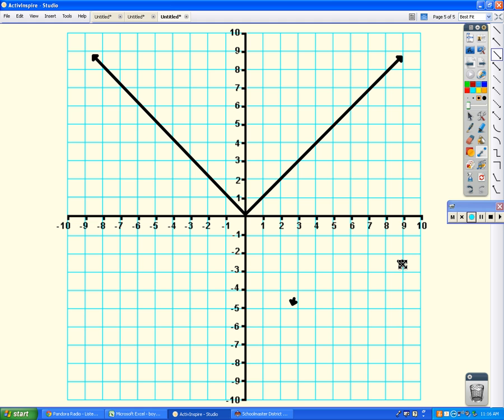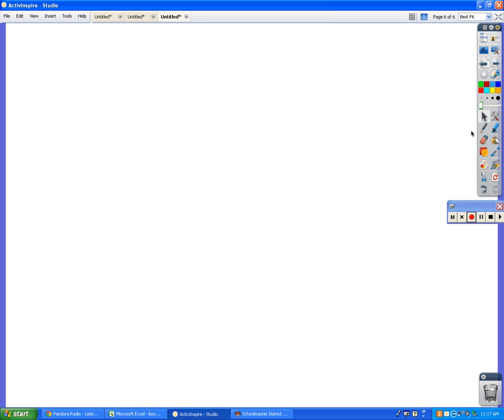All right, we need to do one more. We're going to be working a lot with functions, and functions have a fun thing called function notation.